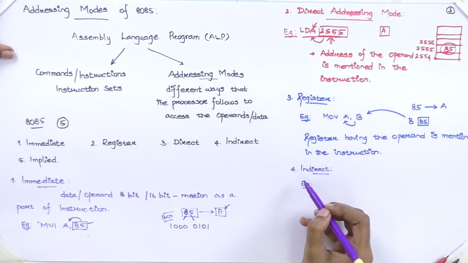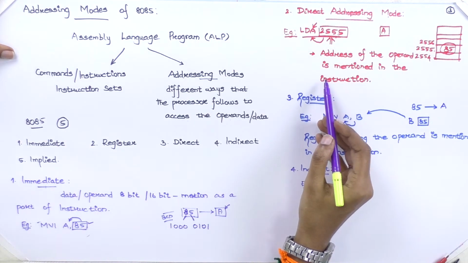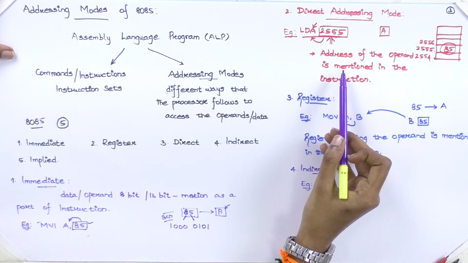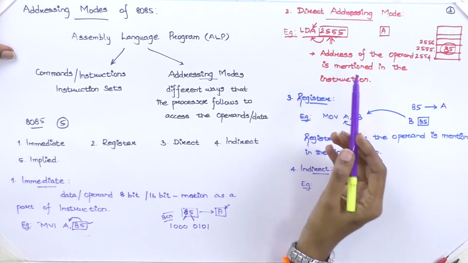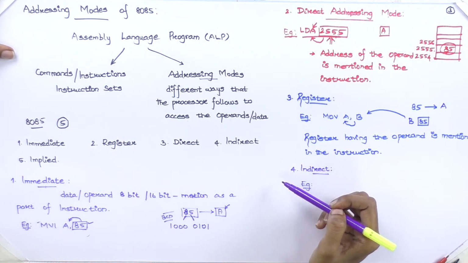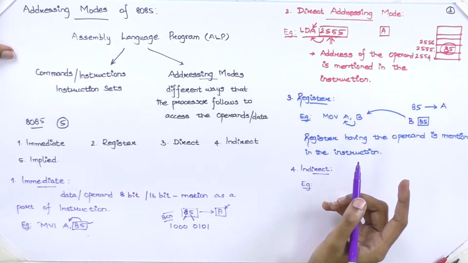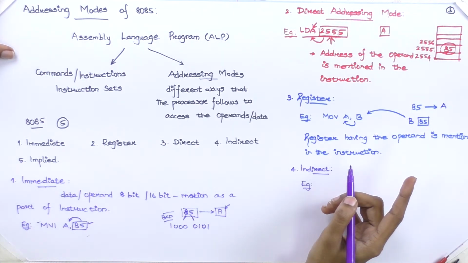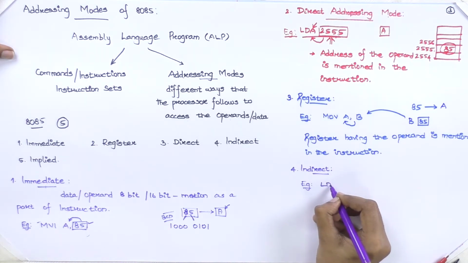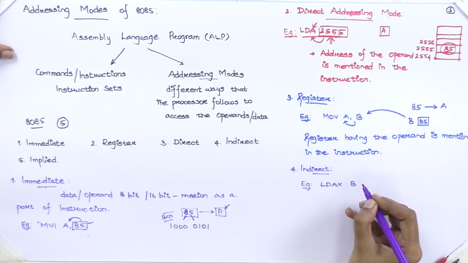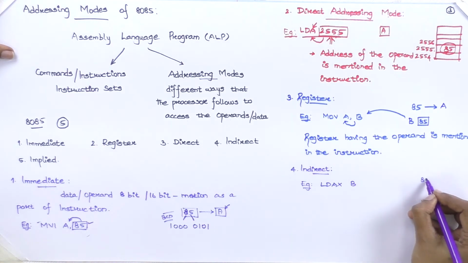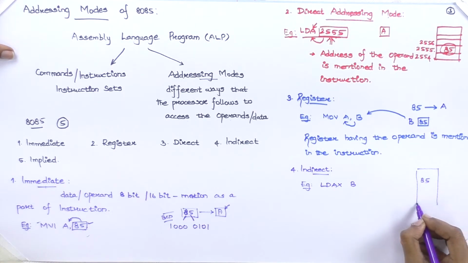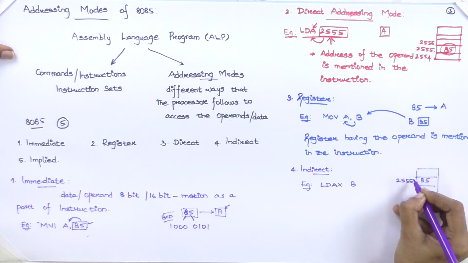Next we are going to see about the indirect addressing mode. There is a slight difference between the direct addressing mode and indirect addressing mode. In direct addressing mode, the address of the operand is mentioned in the instruction. In indirect addressing mode, the address is also mentioned, but in a different way. That address will be placed in a register and that register will be mentioned in the instruction. For example, LDAX B. Here this 85 will be stored in a memory and that memory address is 2555.